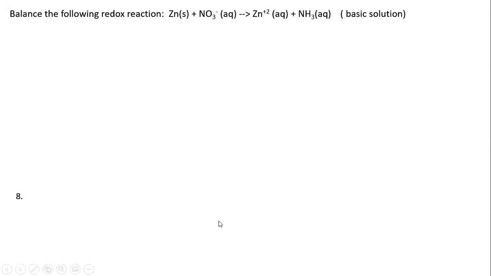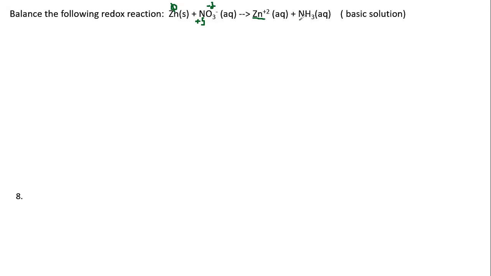So again, we want to determine what's being oxidized and what's being reduced. Here zinc is a solid, so it's 0. In nitrate, we know that oxygen is a -2, so nitrogen is a +5. Of course, on the product side, zinc 2+.